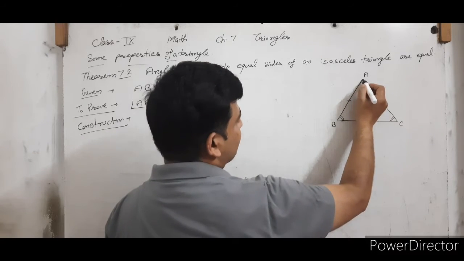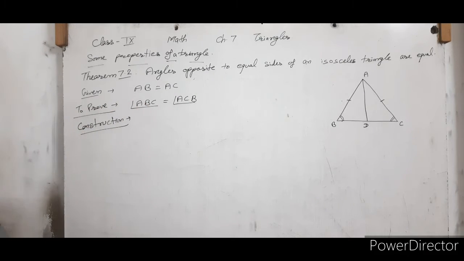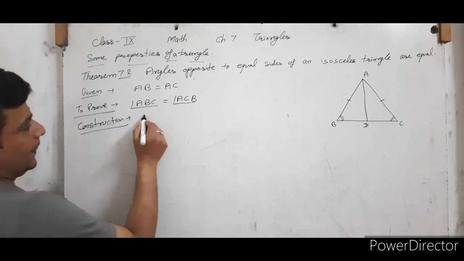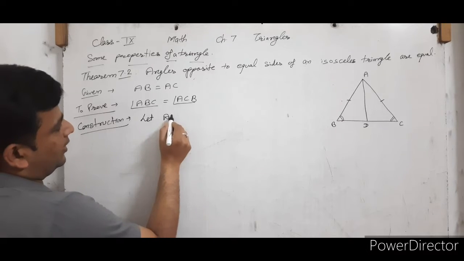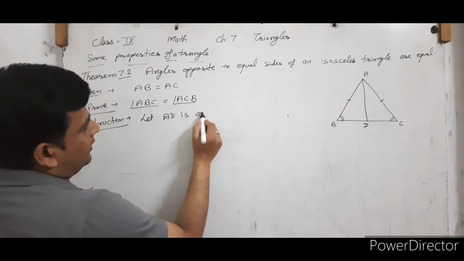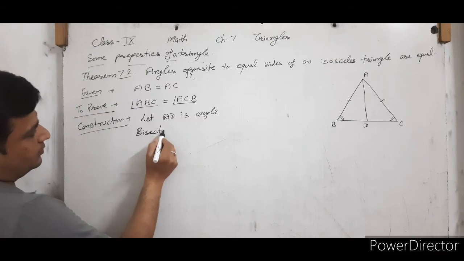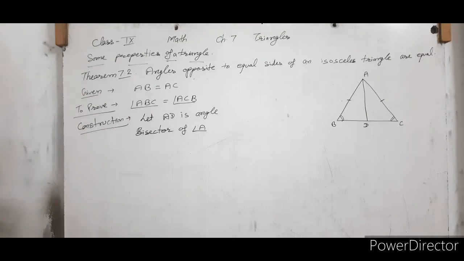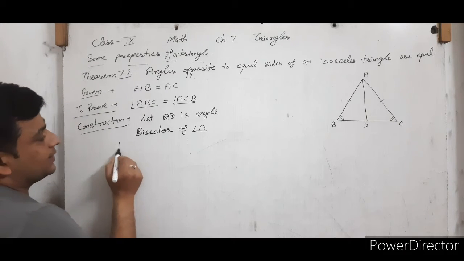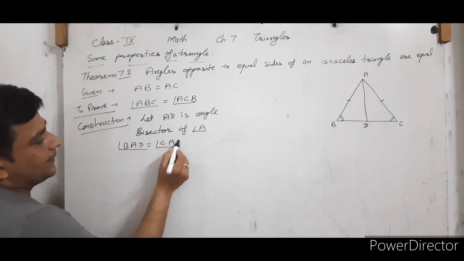Construction: let AD, where D is any point on BC, be the angle bisector of angle A. Angle bisector means angle BAD is equal to angle CAD.